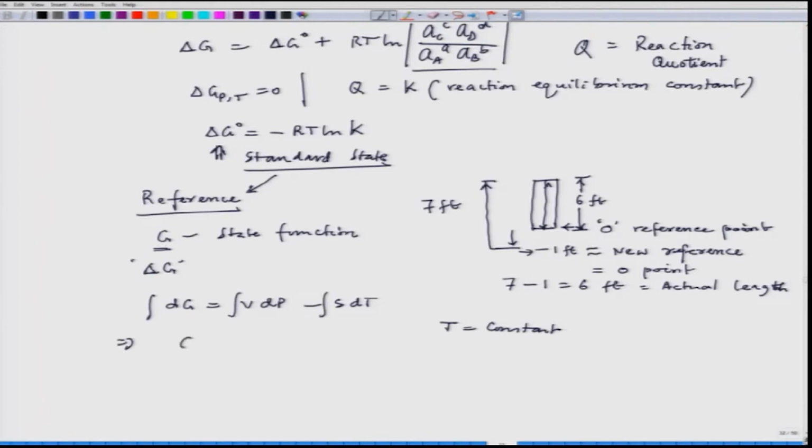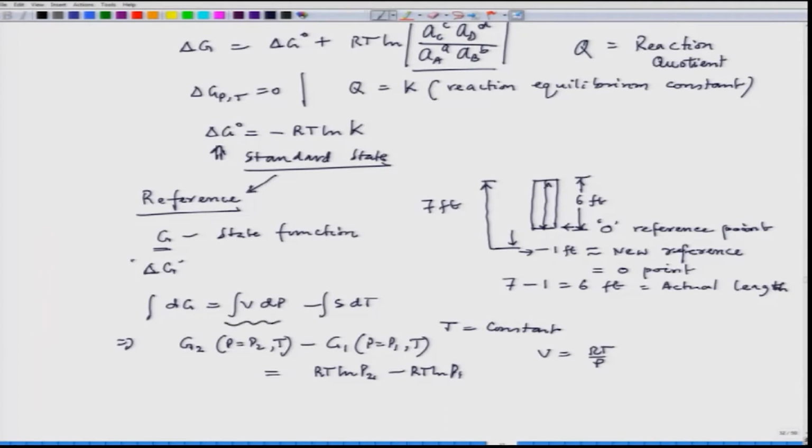So, it becomes G at P equal to P2 at temperature T minus G at P equal to P1 at temperature T, and V, if we take ideal gas, then V would be equal to RT/P, because PV equal to RT for 1 mole of gas. So, then it becomes RT ln P2 minus RT ln P1.